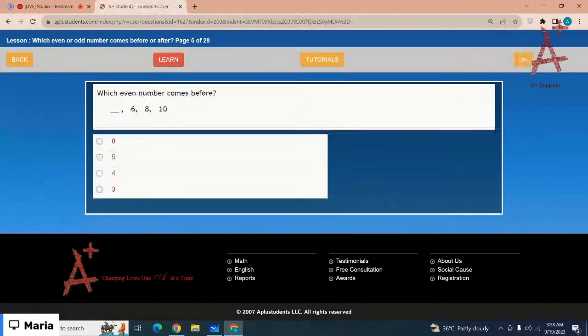Which even number comes before? So which is the even number before 6? Yes, the correct option is 4, right? That would be 4.